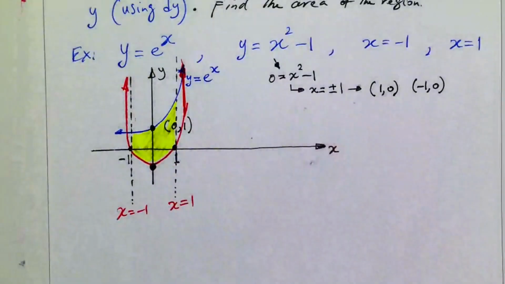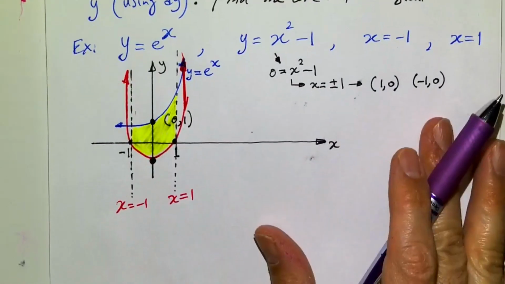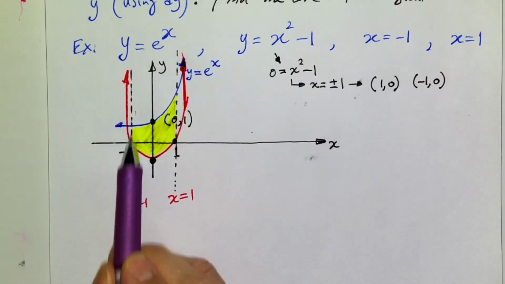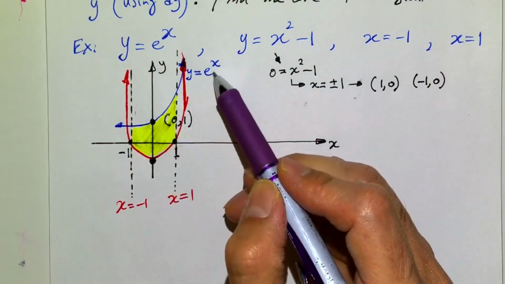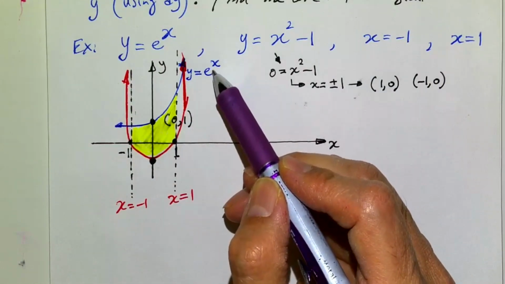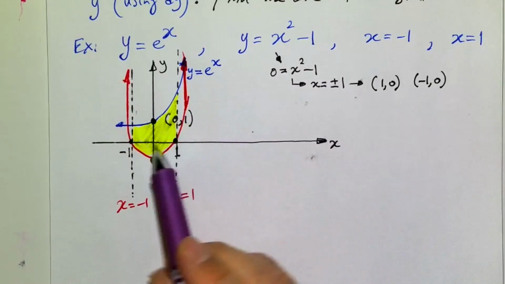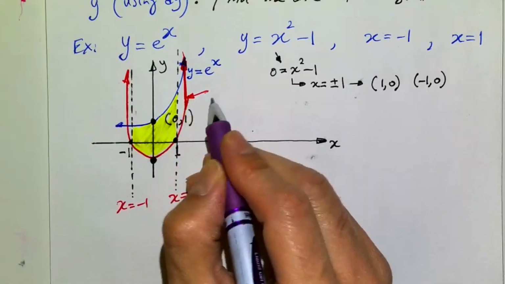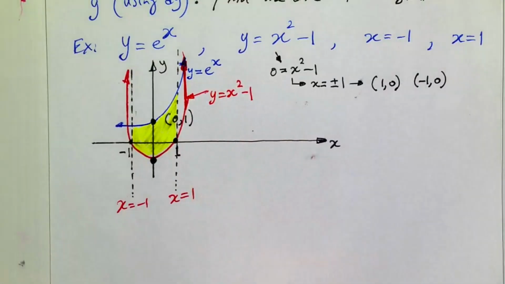Okay, so now looking at this region, it's easy to see that we're integrating from -1 to 1, where the top function is y equals e to the x, and the bottom function is the quadratic, well, I need to label that too, y equals x squared minus 1.